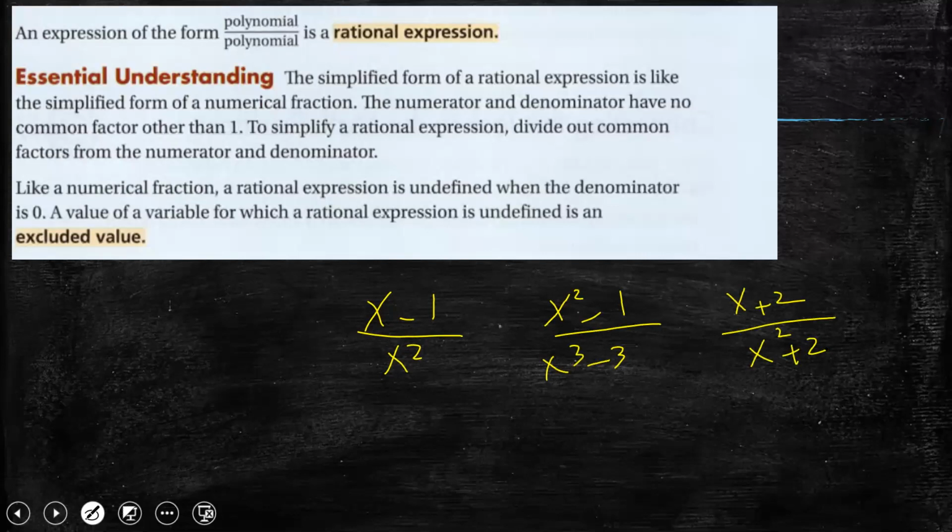Since we have a polynomial over a polynomial, this type of expression we call a rational expression. In this lesson, we will learn how we can simplify the rational expression.